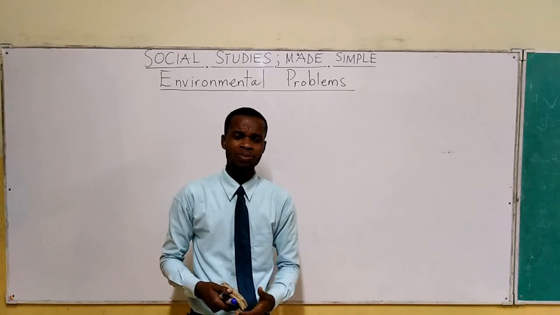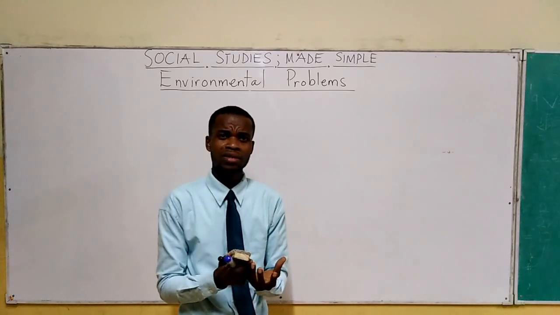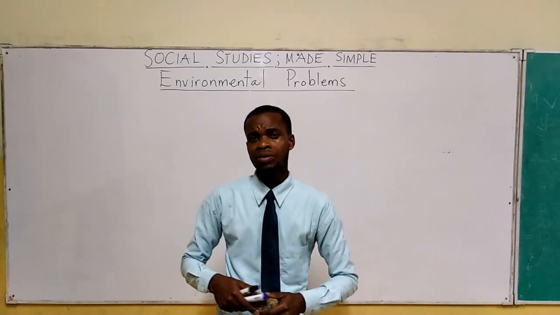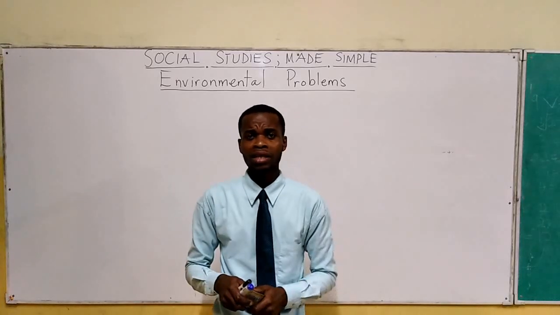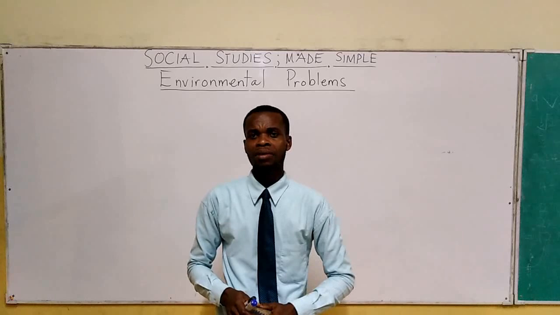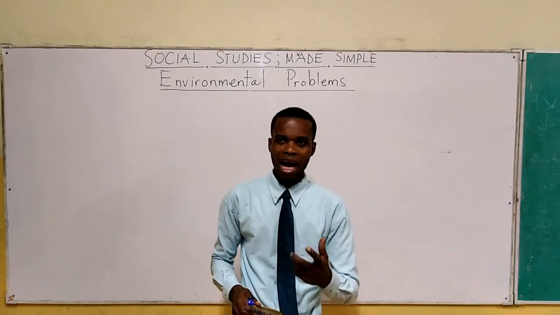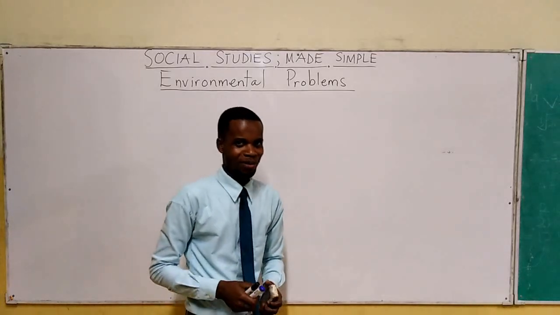Things that we do, are these things posing a lot of threats to our waterways? Are they posing a lot of threats to our vegetation, the trees, the plants we have around us? What about domestic and wild animals? That is why you need to follow closely as we look at environmental problems.